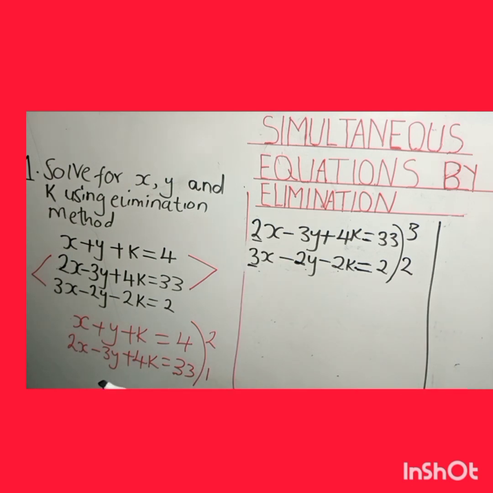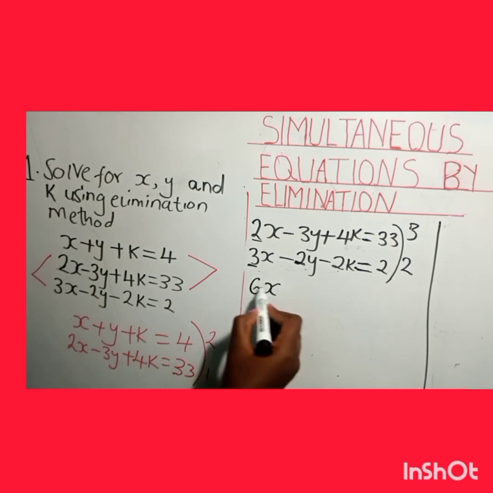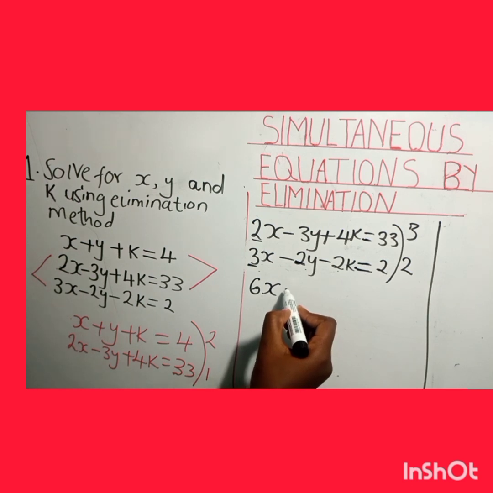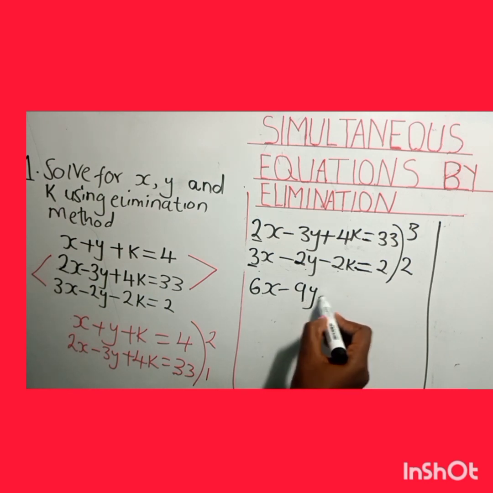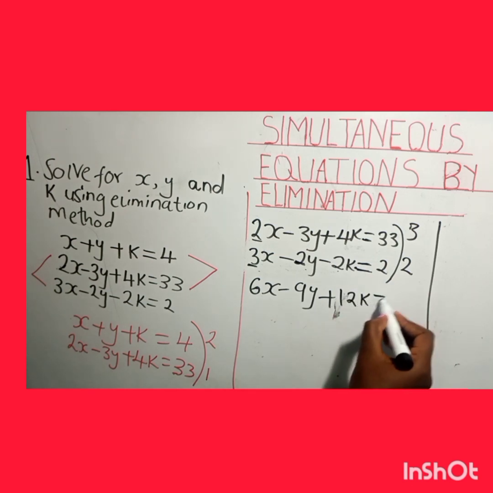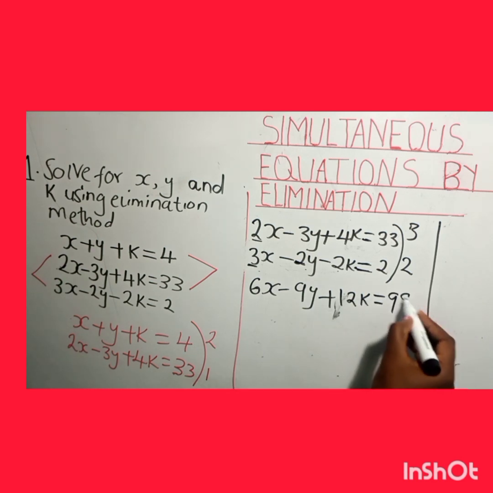Let us multiply them. 2 times 3 is 6x, minus 3 times 3 is negative 9y, 4 times 3 is plus 12k, is equal to 33 times 3, which is 99.